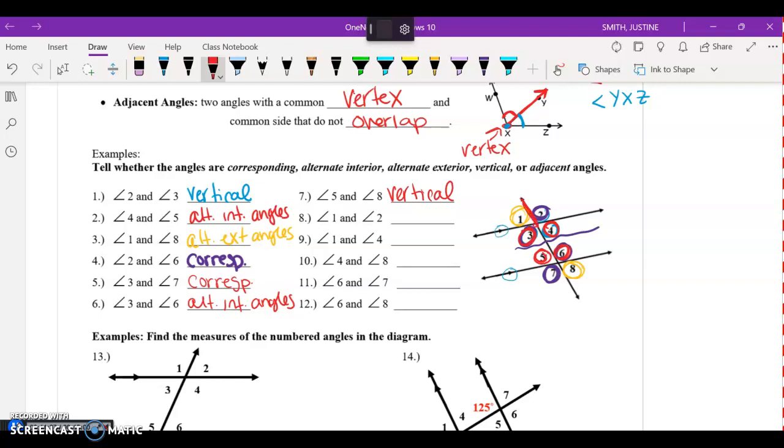They share a common side and a common vertex, so they're adjacent. 1 and 4, they're across from each other, so they're vertical. 4 and 8 share the same position, so they would be corresponding. 6 and 7 are across from each other, so they're vertical. And lastly, 6 and 8 share that same side and that vertex, so they're adjacent.